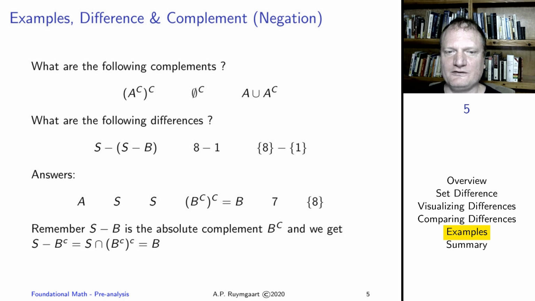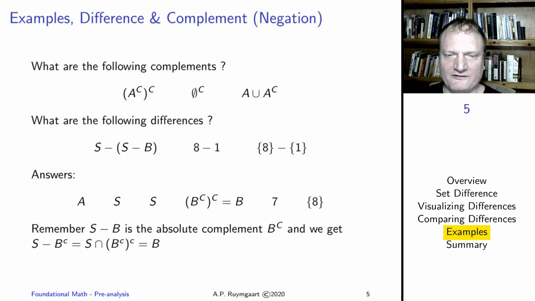And now we can use our intersection definition. So S minus B^C is actually S times the complement of B^C. And we saw, just like with the complement of A^C, we get A. So the complement of B^C is B again.